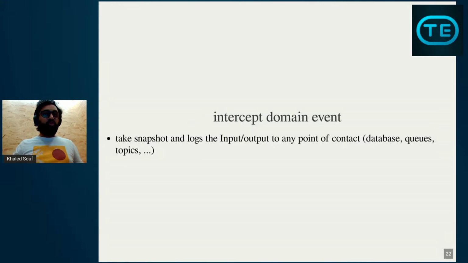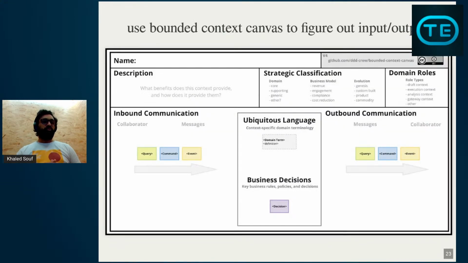From there, I'm going to use this wonderful tool called the bounded context canvas. And I'm going to try to write down everything that is an input to my system and everything that is an output of the system.